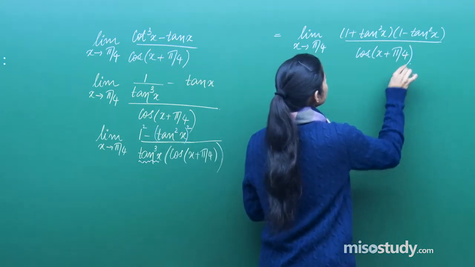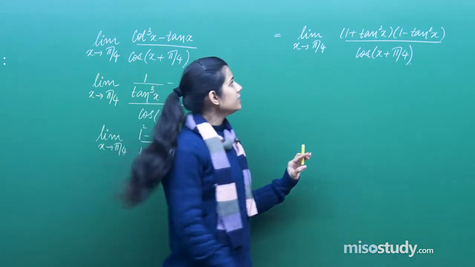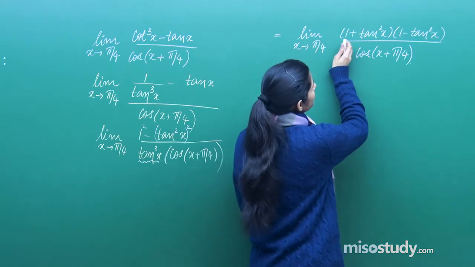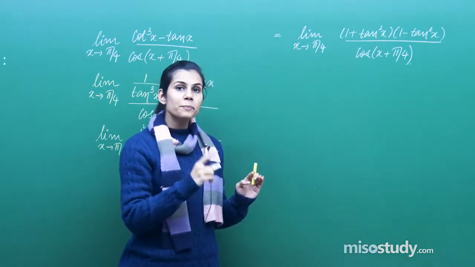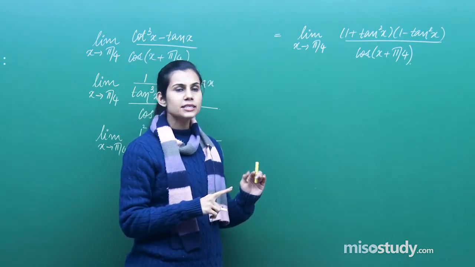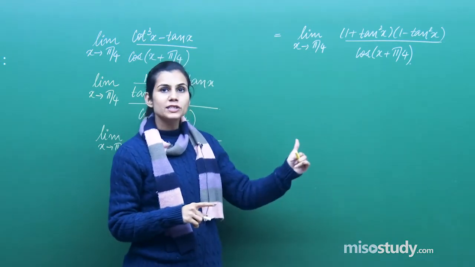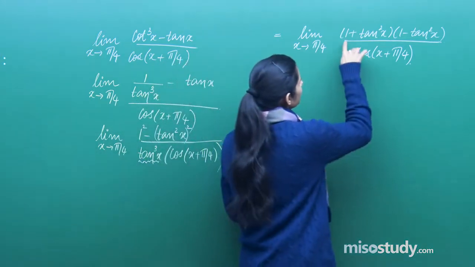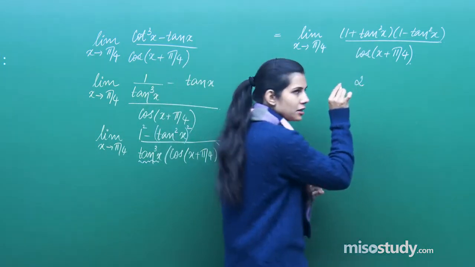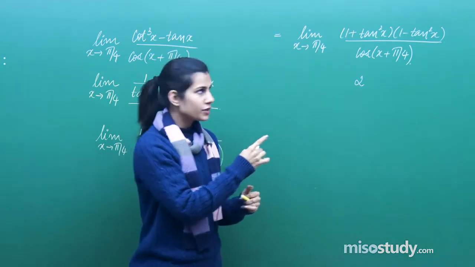Now limit x tends to pi by 4 of 1 plus tan square x: 1 will remain as it is, and limit of tan square x will be 1 square, which is 1. So 1 plus 1 will give you 2. I can replace this expression by 2, assuming the limit is already applied over here.